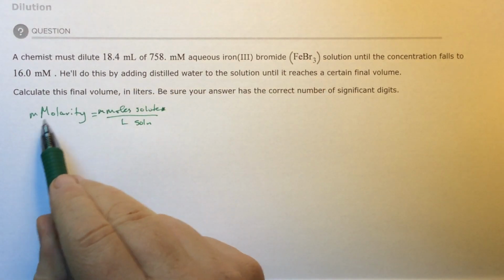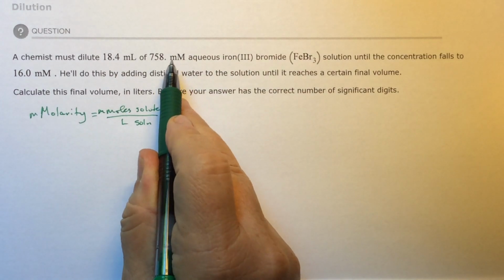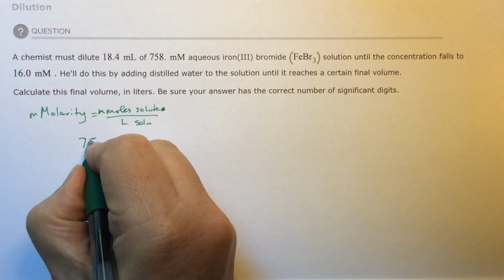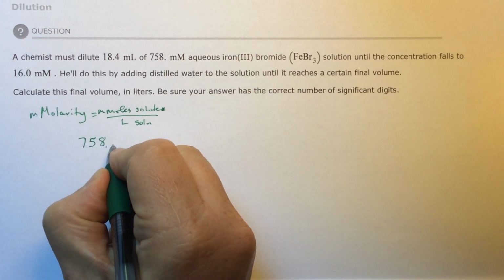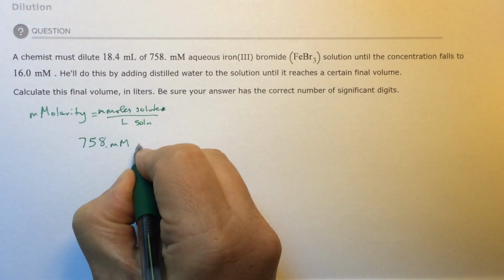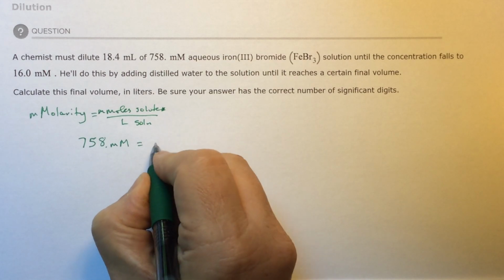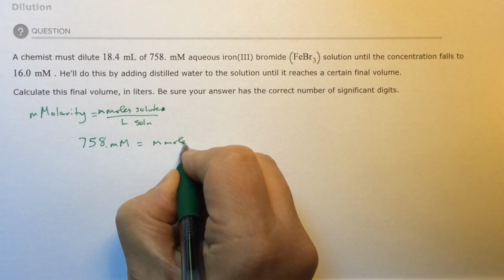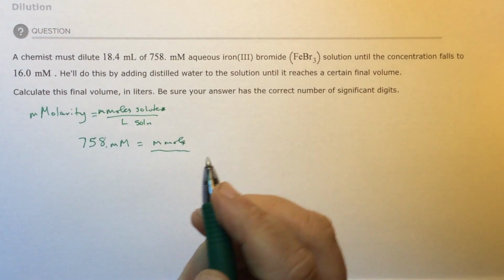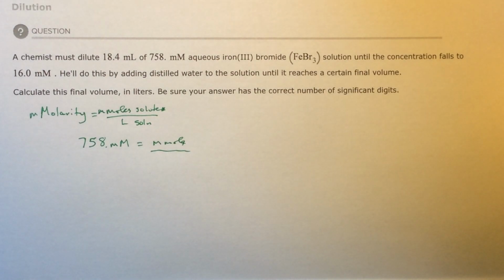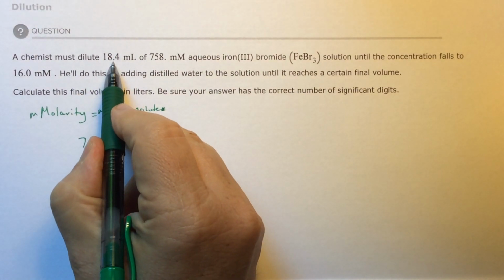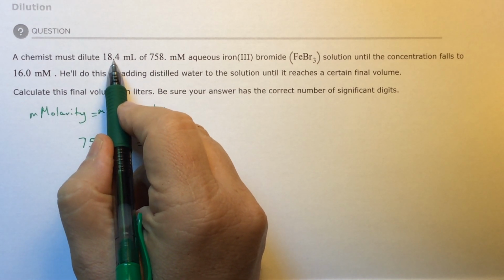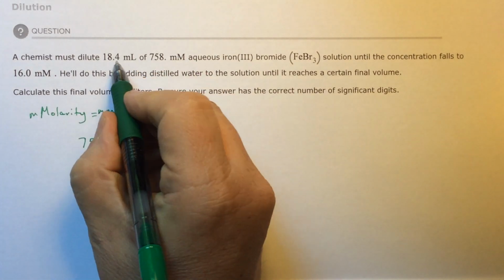So let's fill in what we know. We know that the millimolarity here is 758 millimolar, and I'm going to solve for millimoles. And how many liters of solution is that? We're starting with 18.4 milliliters, and remember I have to put that in liters because this only works in liters.